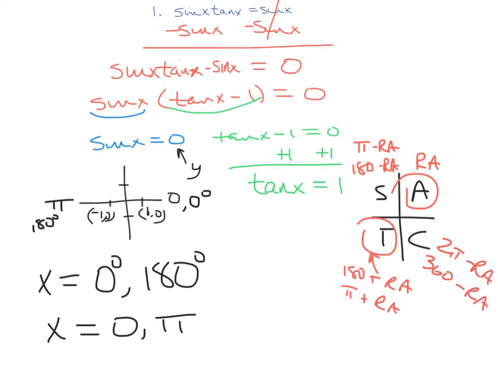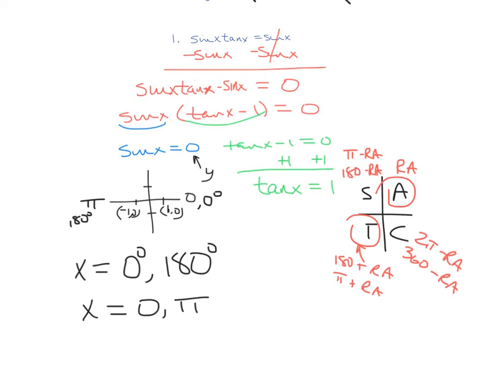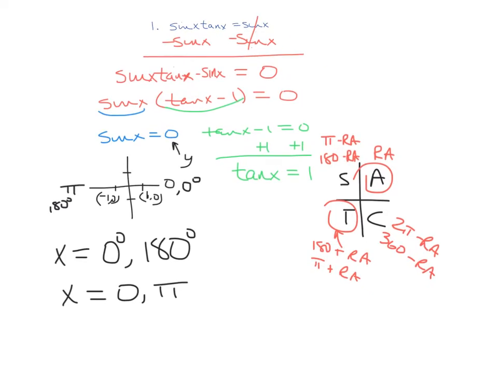Since I'm doing them in both, and I'm looking for the answer in quadrants 1 and 3, for tangent, in radians, I know that the 45 is pi over 4. And then the other, in quadrant 3, the one that has a denominator of 4 is 5 pi over 4.